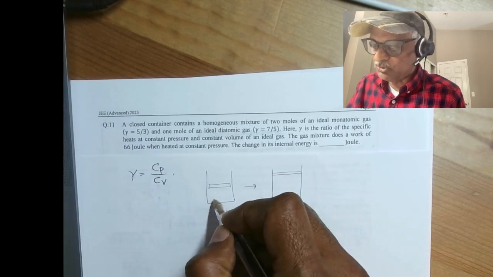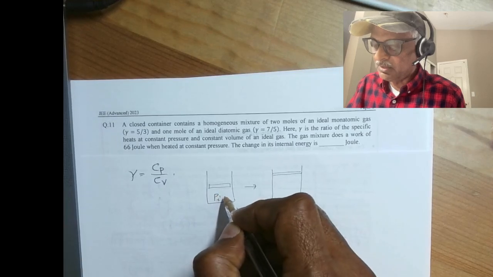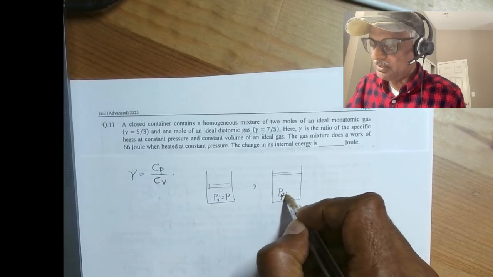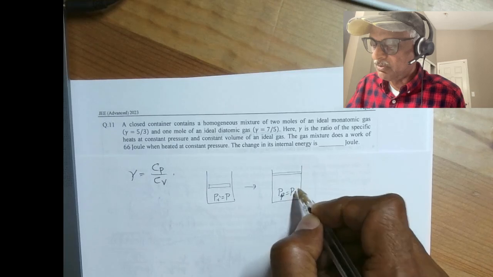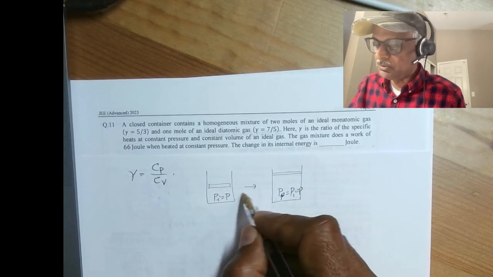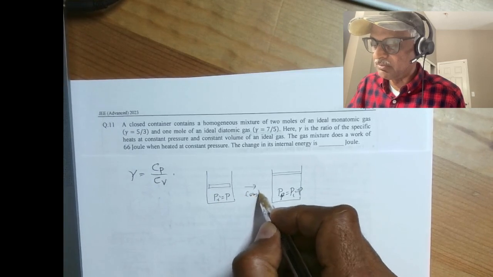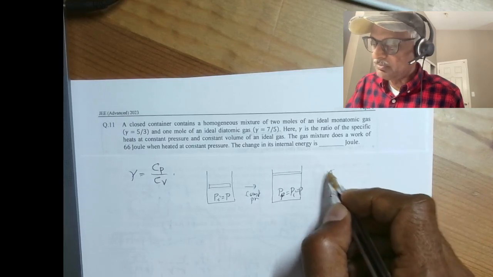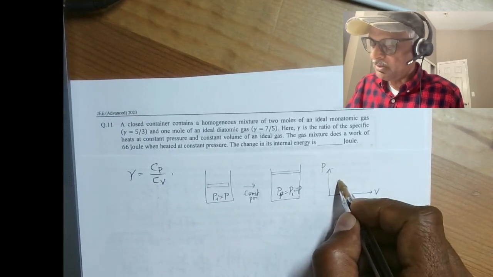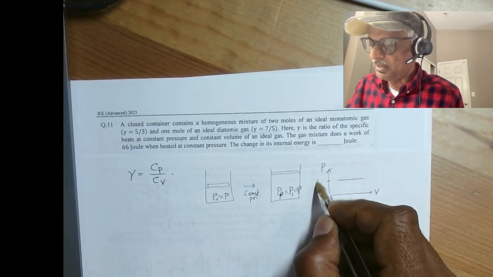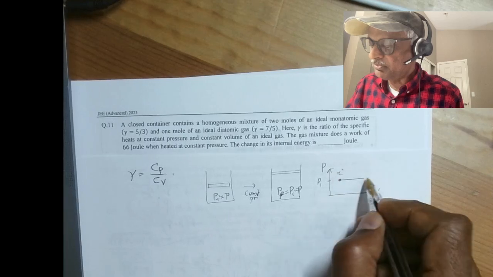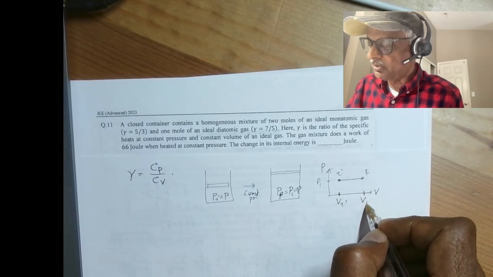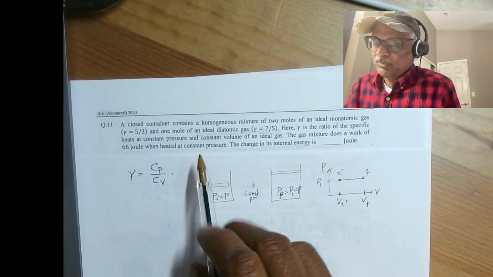The pressure is the same, so P initial is some P, and P final is the same P, and throughout this it is constant pressure. So if you draw the PV diagram, this is the initial and this is the final volume, and nothing else is given.